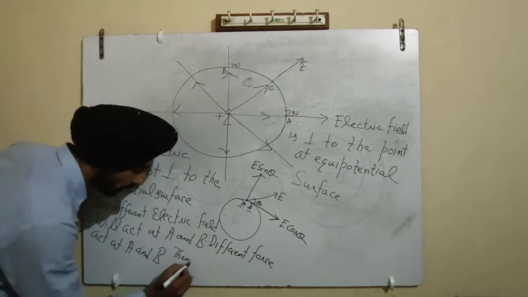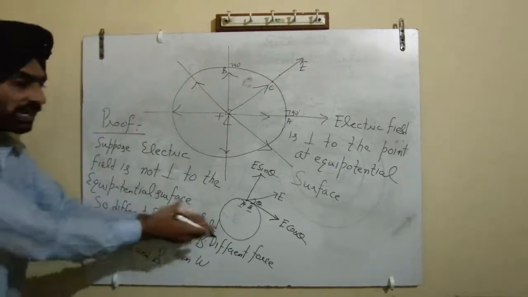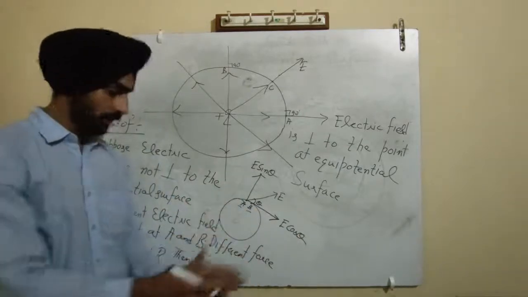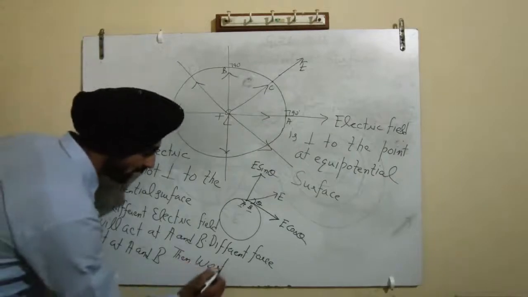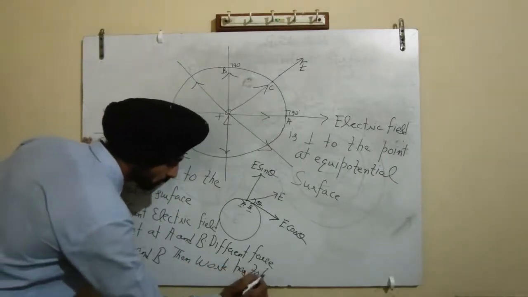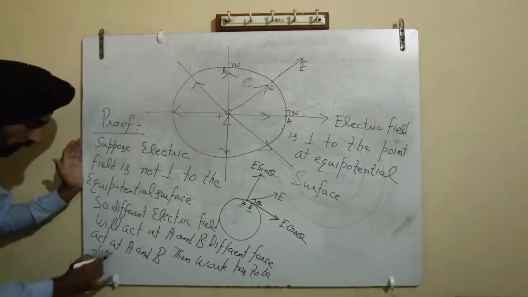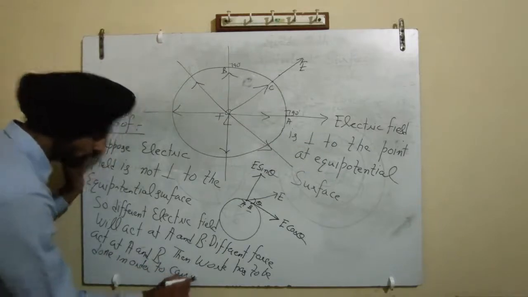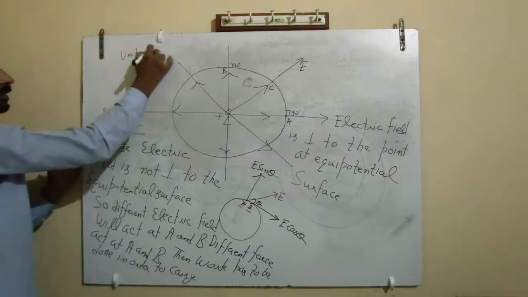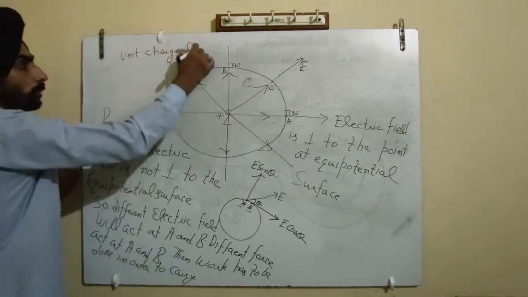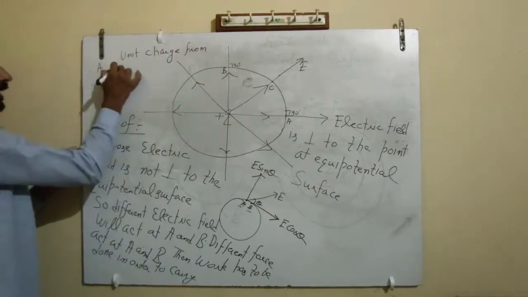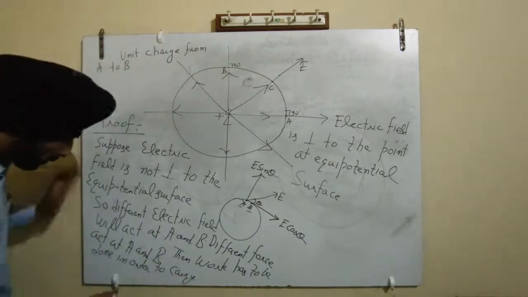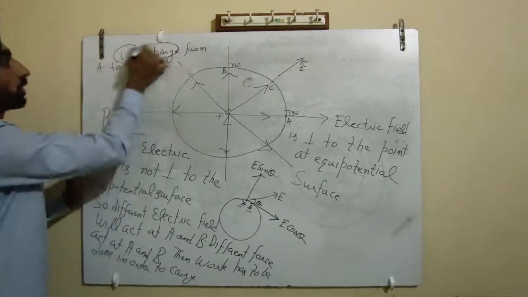Because electric field is present at A and B, forces are acting at A and B, and if force is acting, then work has to be done in order to carry a unit charge from A to B. What are we doing?